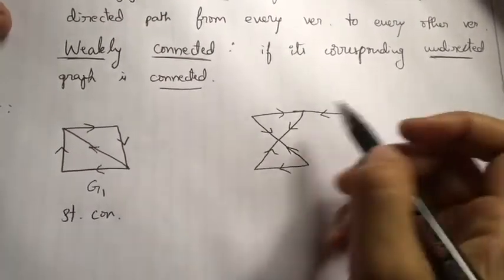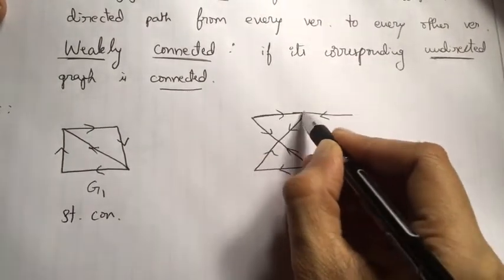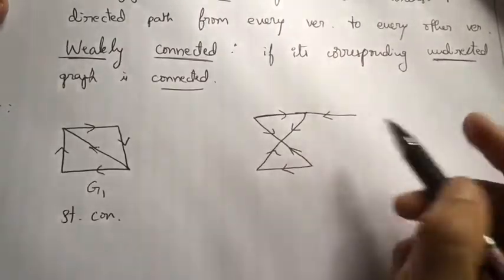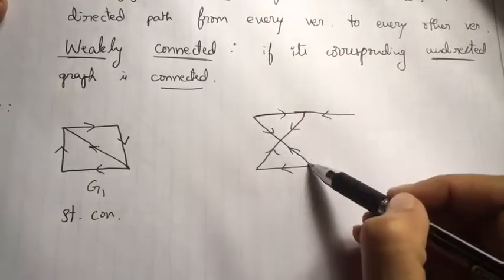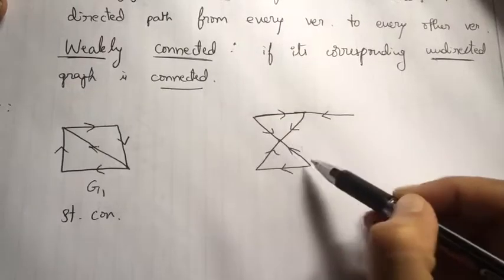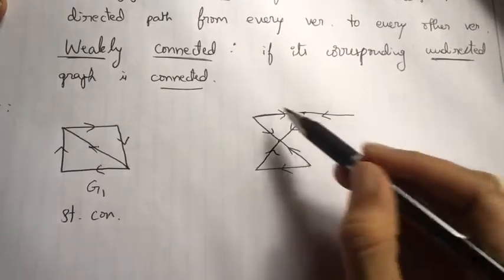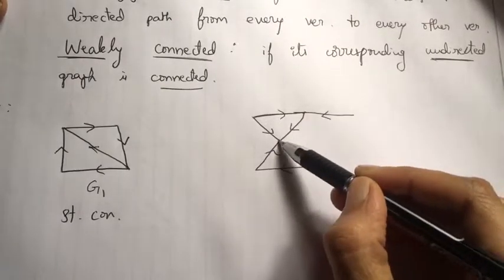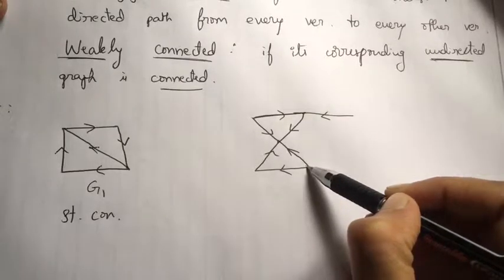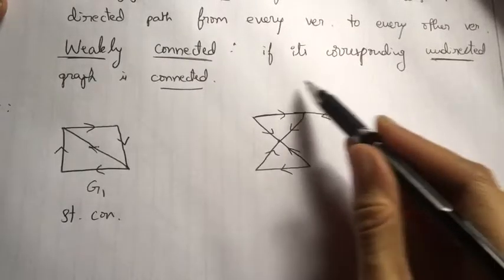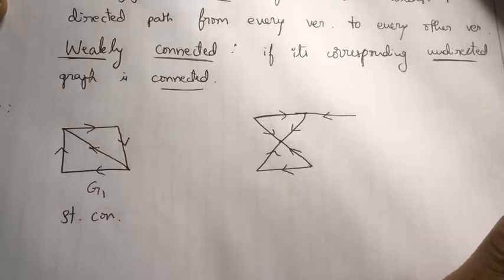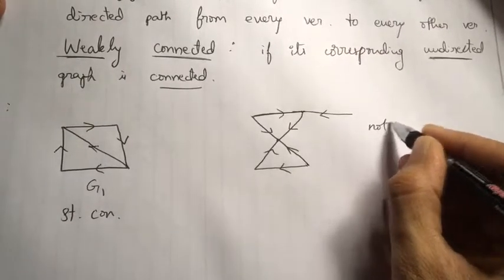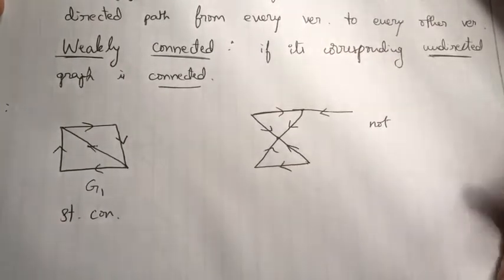But in this graph, this is not strongly connected, because if I take these two or any two vertices, there is no directed path, right? Therefore, I can say this is not strongly connected. I have to check whether it is weakly connected.